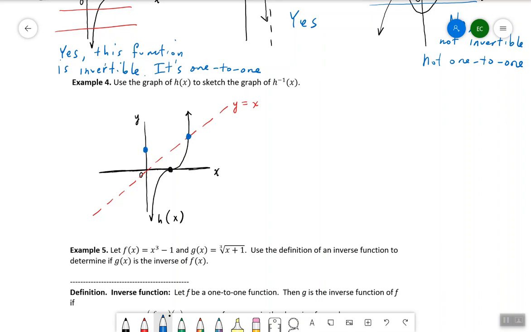So we should have something like that and something like that. The sketch is not perfect, but I think it's good enough to get the idea. And so again, you might want to turn the paper 45 degrees, or you might want to turn your head 45 degrees to convince yourself that that really does look like a reflection.